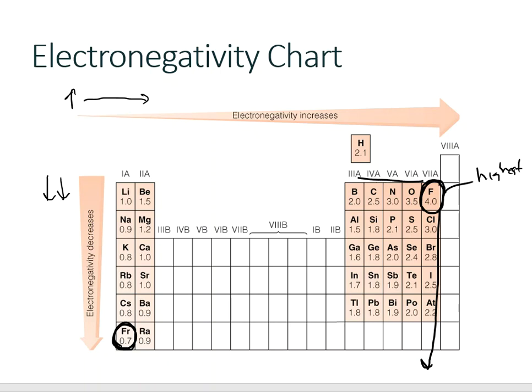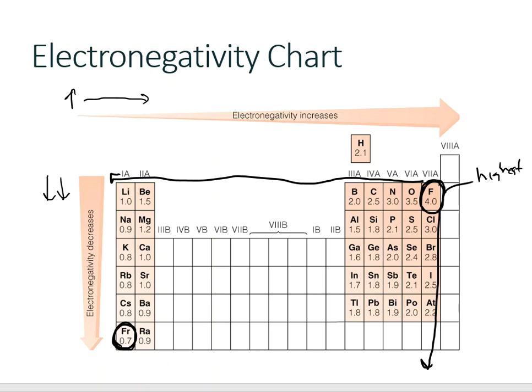And as you go further to the left of fluorine, it goes lower, lower, lower. I think that's an easier trend to remember than what they've stamped onto this image for you. So fluorine's the highest, and as you go lower, it goes lower, and as you go to the left, it also goes lower.